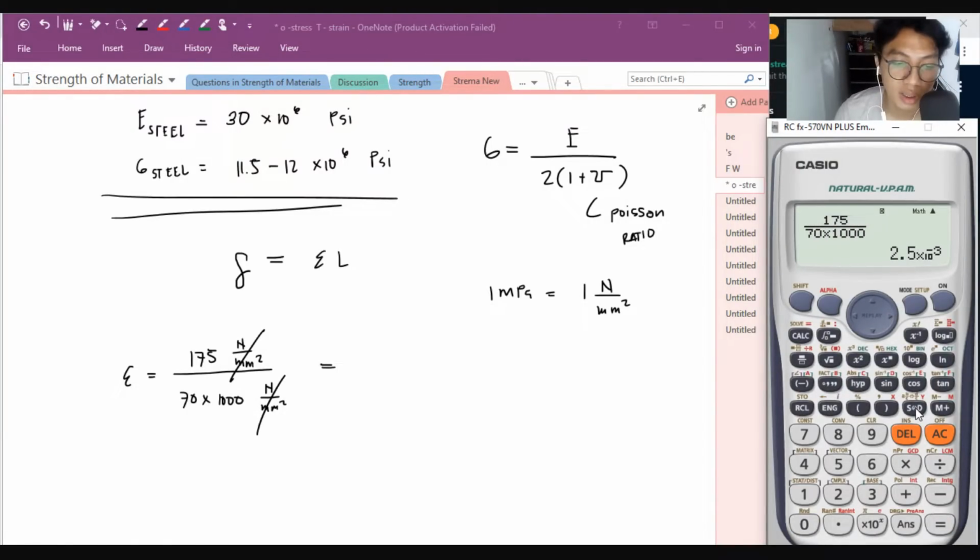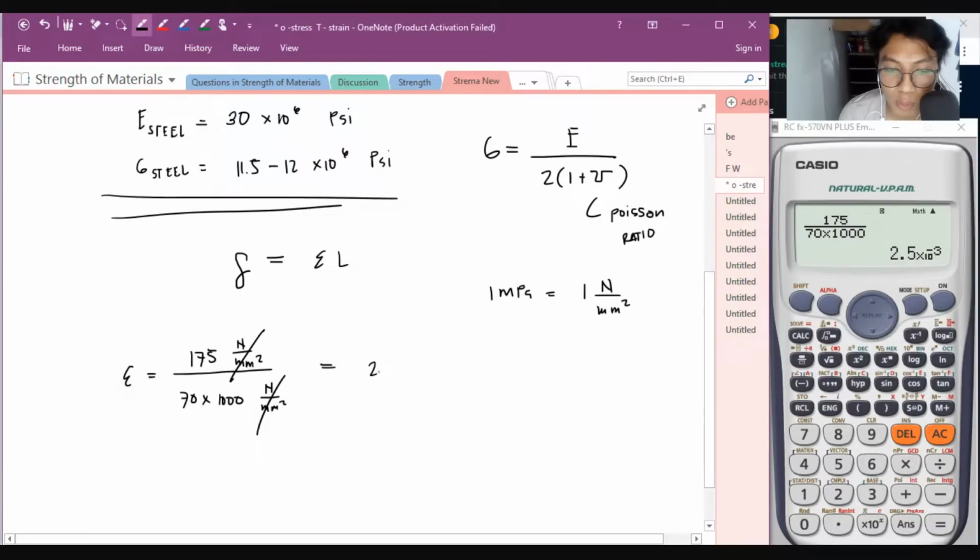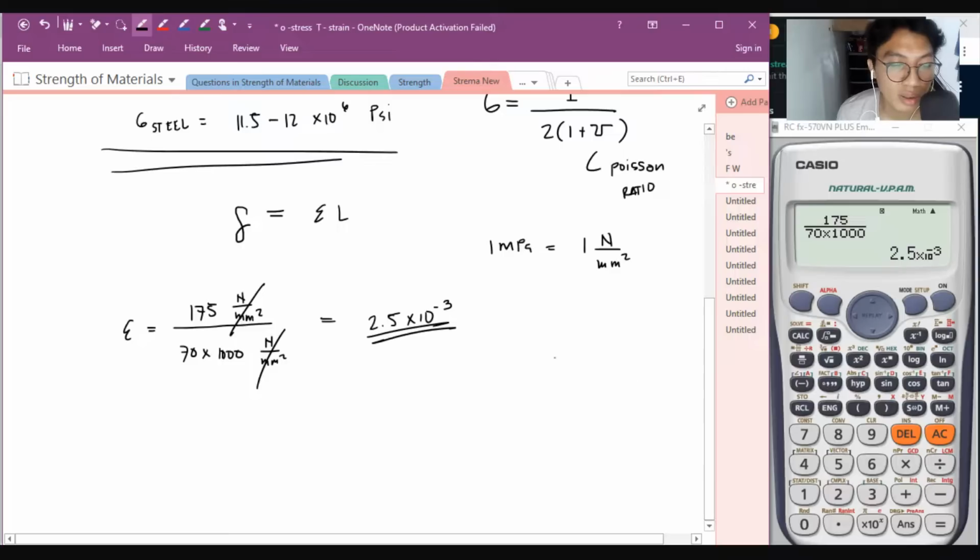That is 2.5 times 10 to the negative 3. Non-unit yan. Yan yung strain mo. Now, how will you get yung elongation? The elongation is the deformation. Pareho lang to. Elongation or deformation.